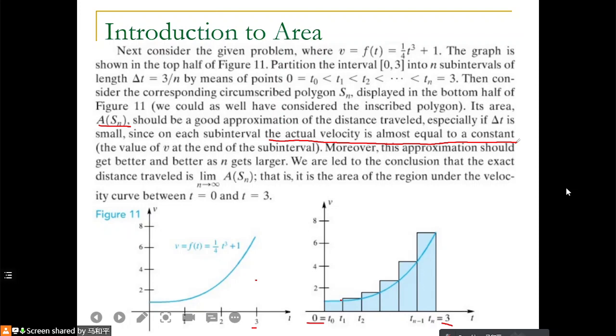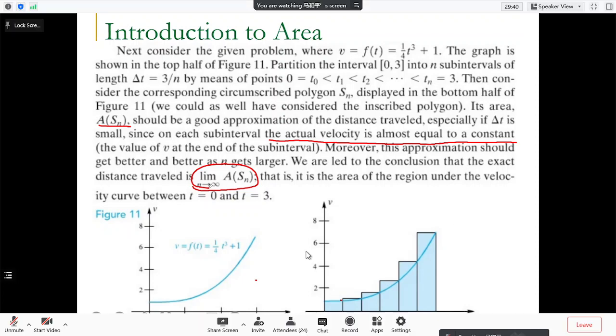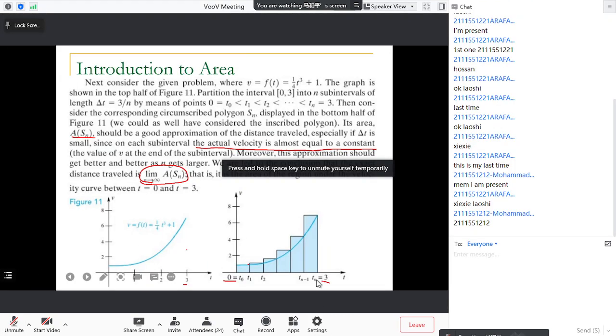Moreover, this approximation should get better and better as n gets larger. We are led to the conclusion that the exact distance traveled is this limit of A(S_n), that is, the area of the region under the velocity curve between t equals 0 and t equals 3.